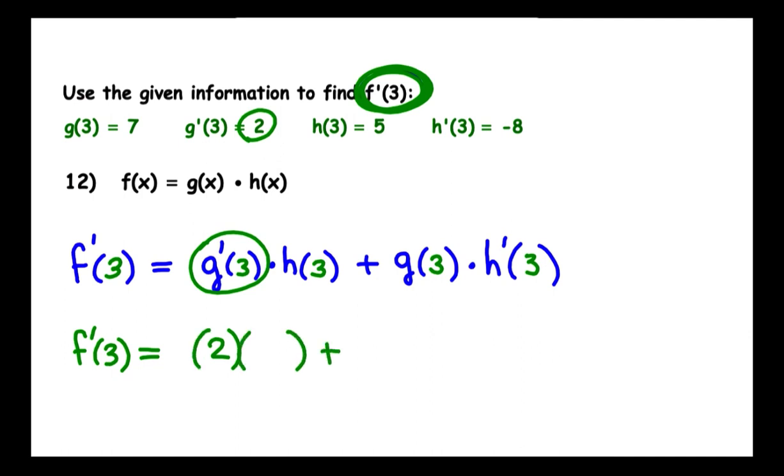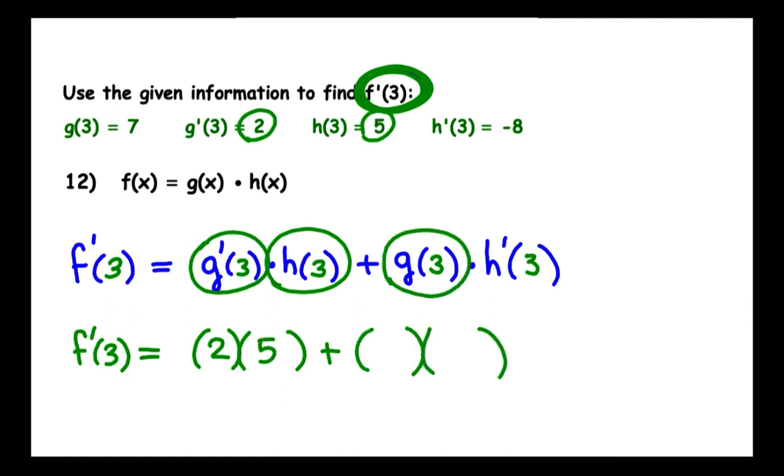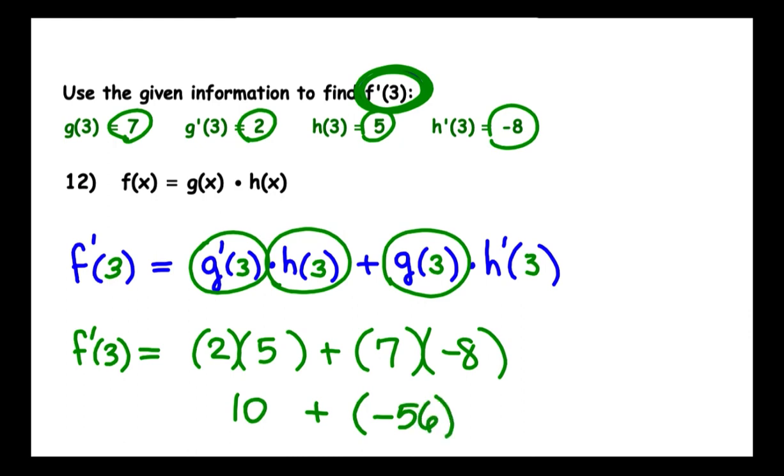H of 3, not h prime, but h of 3 is 5. G of 3 is the 7, and the h prime is the negative 8. And it's looking like negative 46.